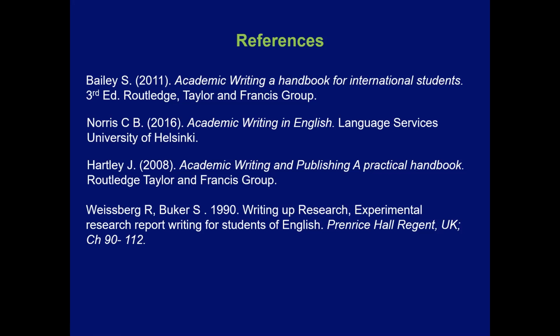Of course, there are certain guidelines according to the university. If you're going to publish in a paper, you have to stick with the guidelines of those journals. But overall, these points or slides that I mentioned summarize the main things you need to consider when writing the methodology part.